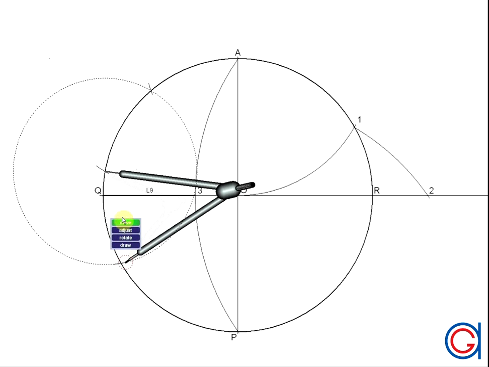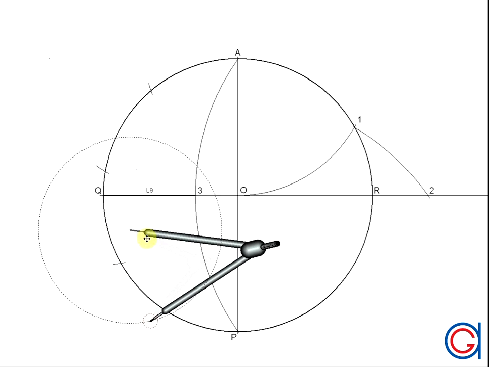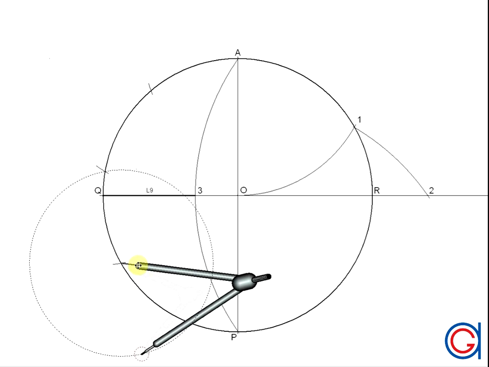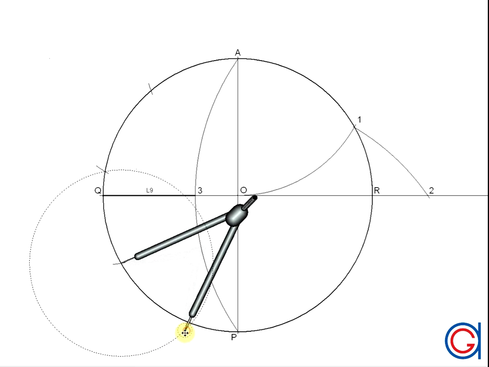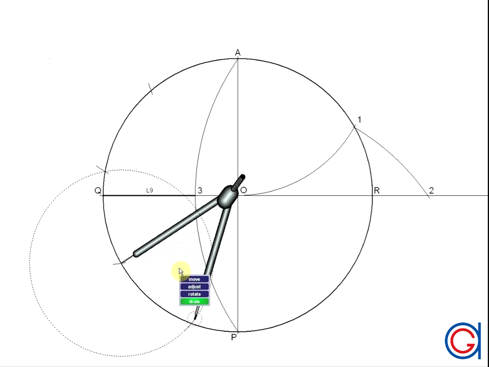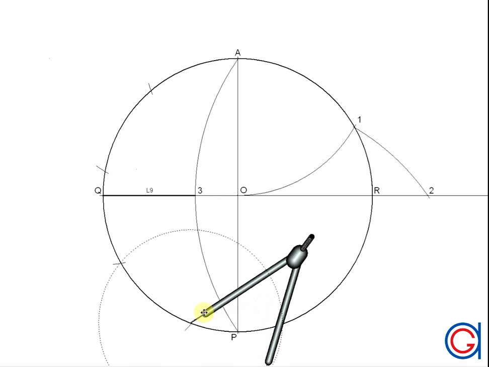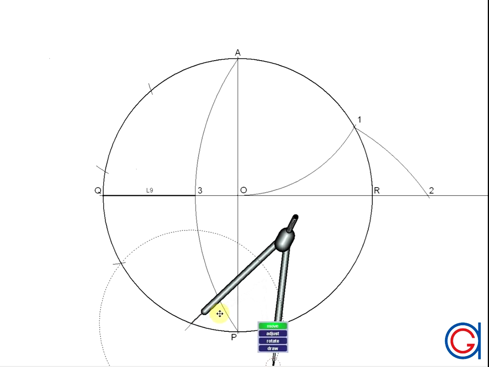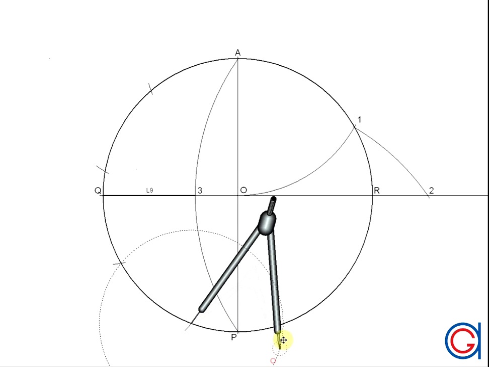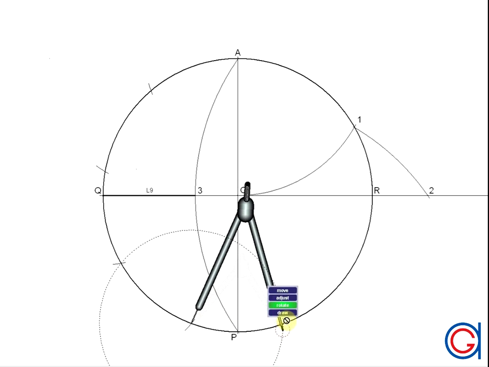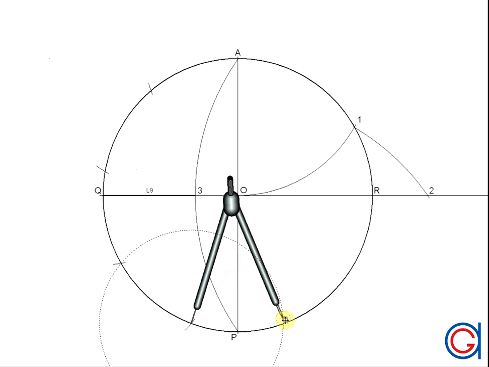Here we have our third arc, and setting our compass on this, it's our fourth. Again, setting our compass on our previously scribed arc, we scribe our fifth.